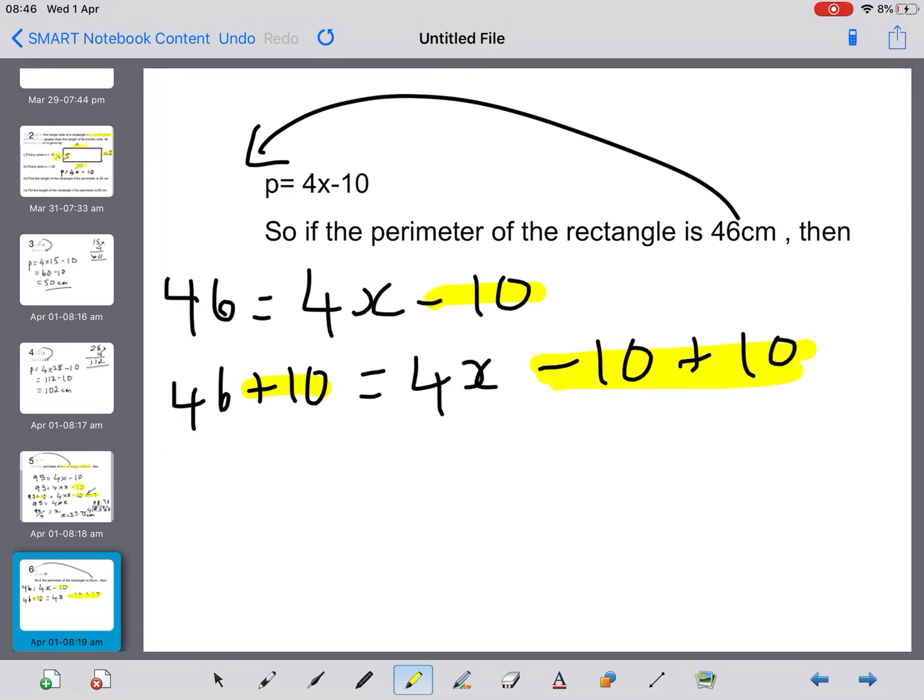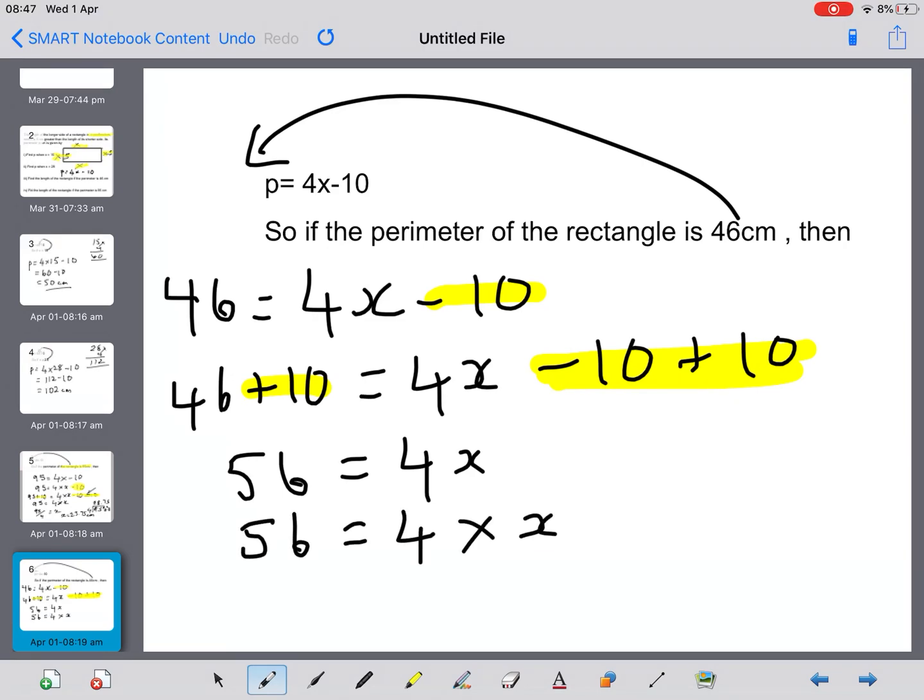So that means that it's minus 0. If you take away 10 and add 10, it's the same as taking away 0. 56 equals 4 lots of x. And again, to find out what x is, we need to divide 56 by 4.